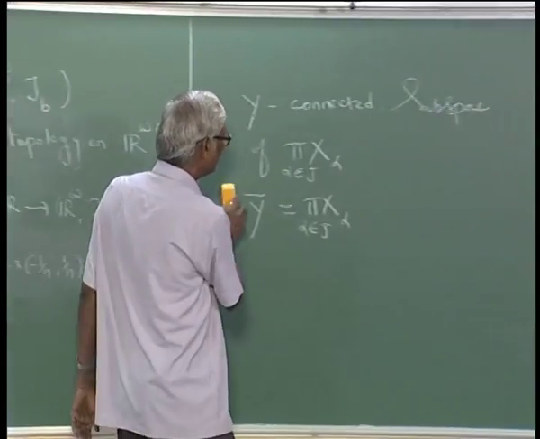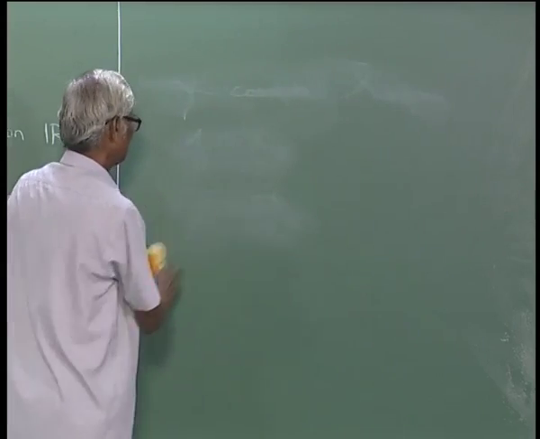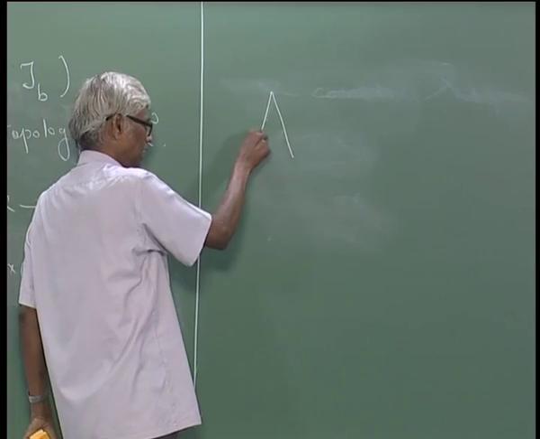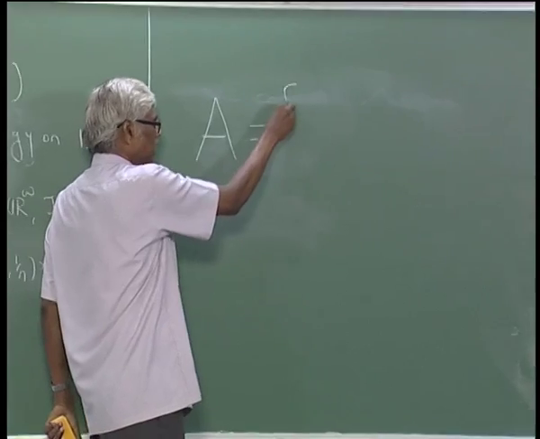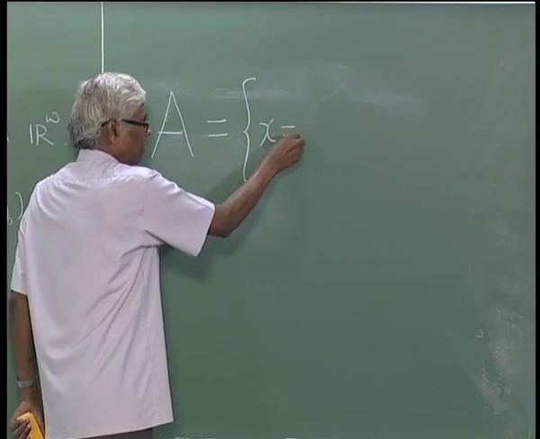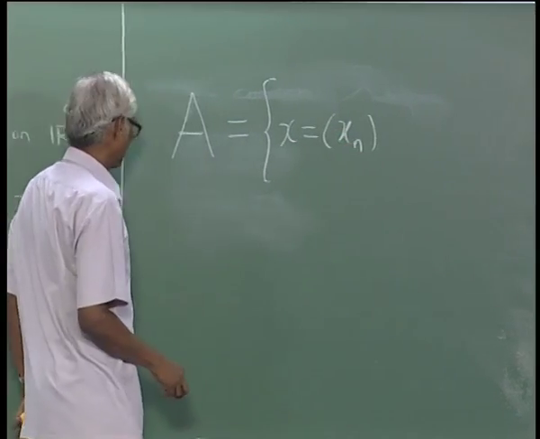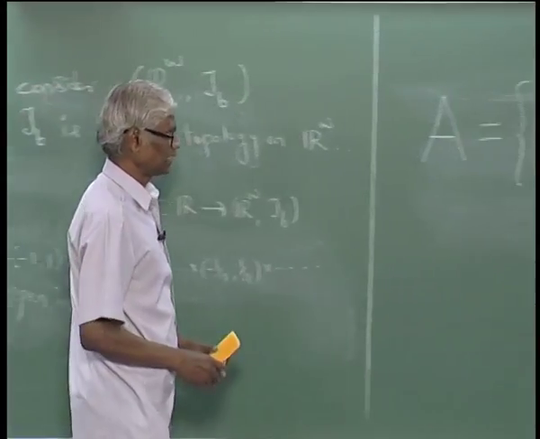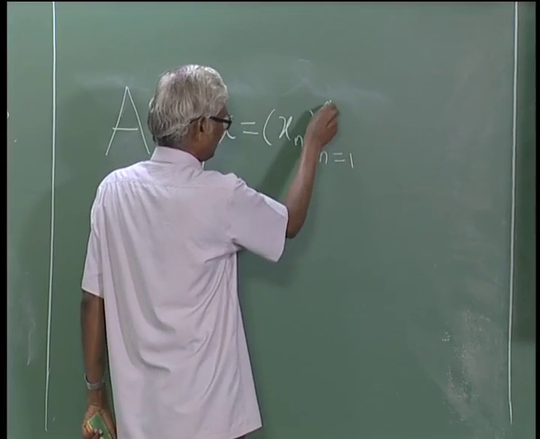This will help us to see the following. Consider the set A, the collection of all sequences; an element here in R^ω is a sequence (x_n), n varies from 1 to infinity.